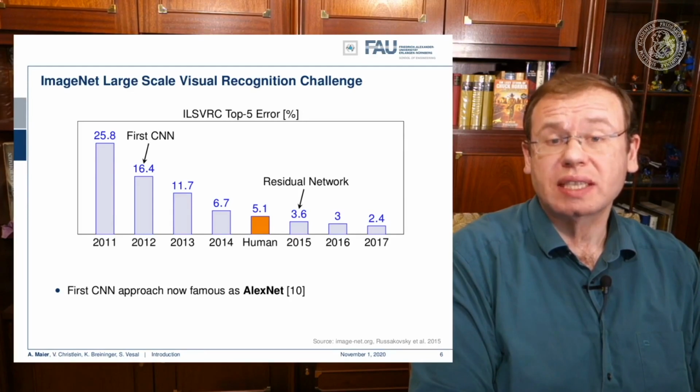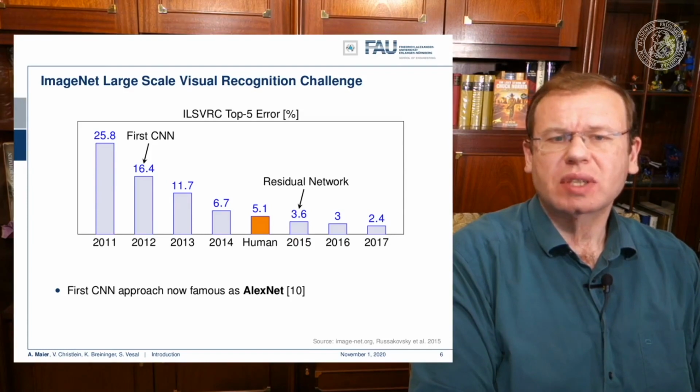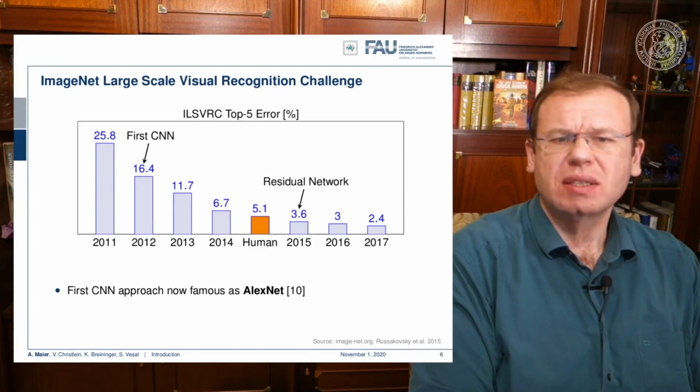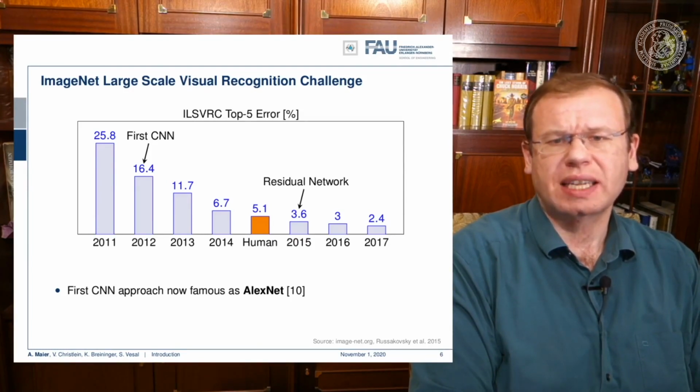Well, in 2012, the first convolutional neural network, CNN, was introduced, and the CNN almost halved the error rate. Now that was quite a big surprise because nobody else could do it at that time.